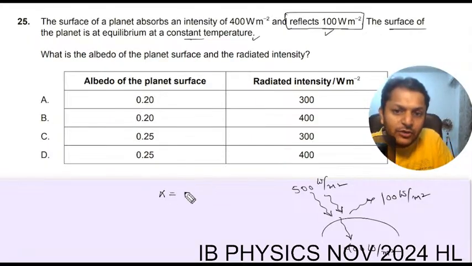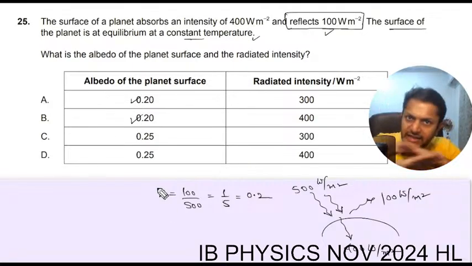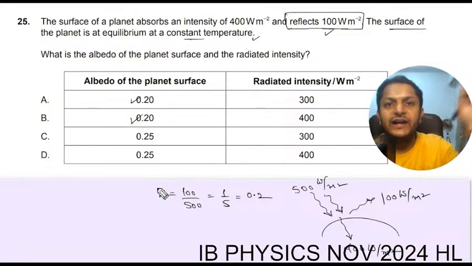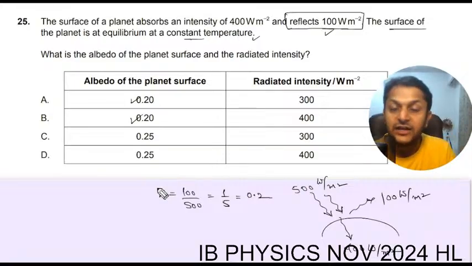So albedo will be 100 divided by 500, and it becomes 1 by 5, that is 0.2. That is the albedo of the planet. Albedo is defined as the amount of energy reflected divided by the total amount of energy which is incident on Earth, and that is 500. It is 100 by 500. The answer becomes 0.2.